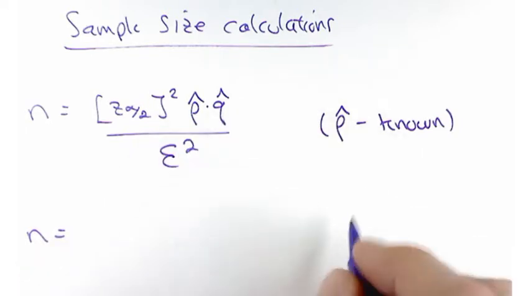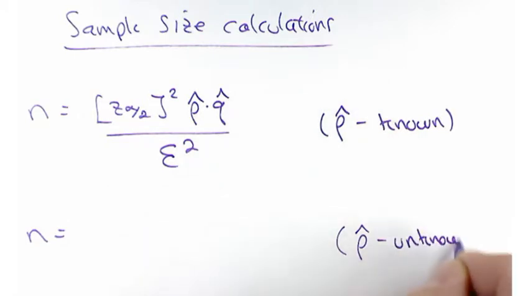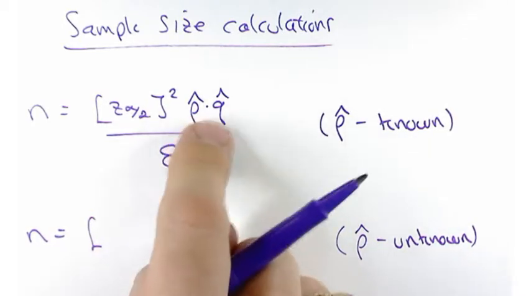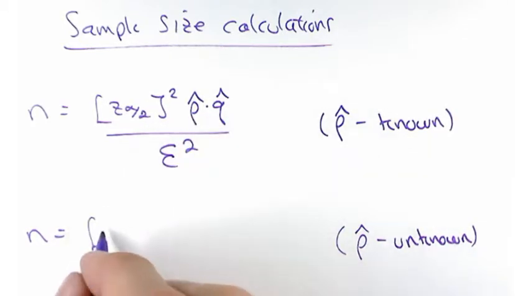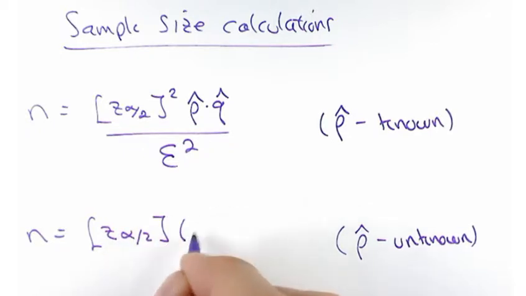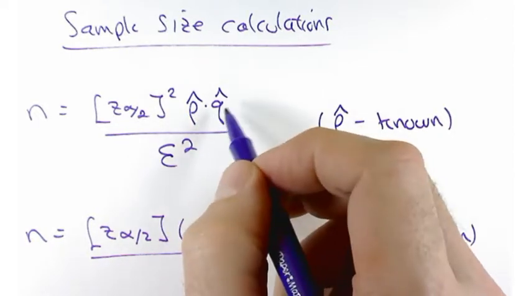If you don't know p hat, if you don't have an estimate from a previous study, then you're going to replace this part with the number 0.25. 0.25 is kind of like a worst case scenario. It's assuming that p hat and q hat are both 0.5.